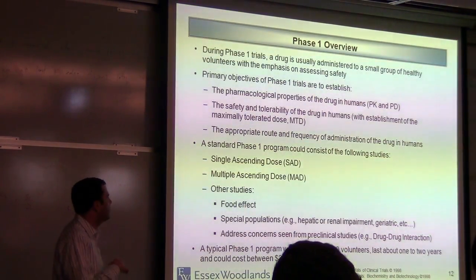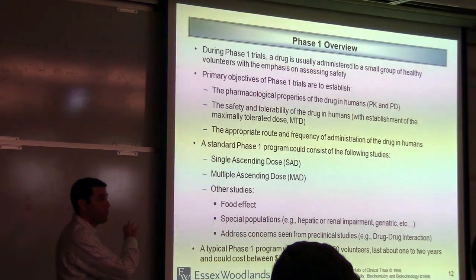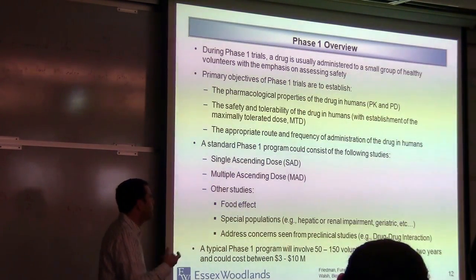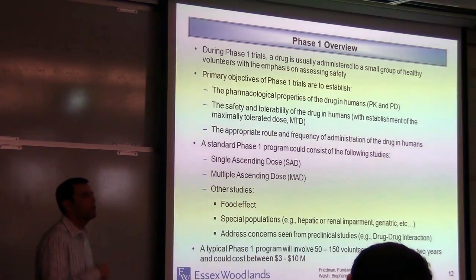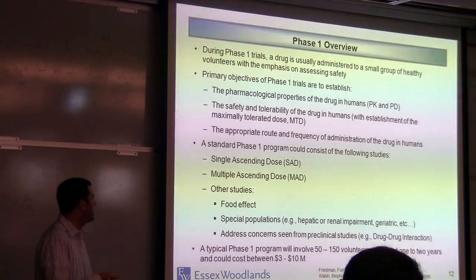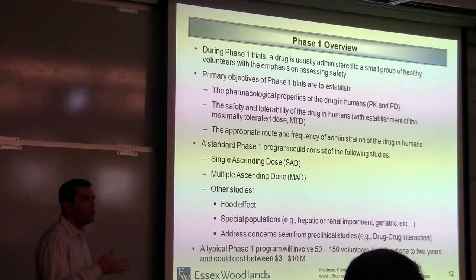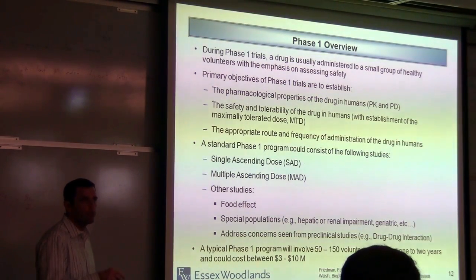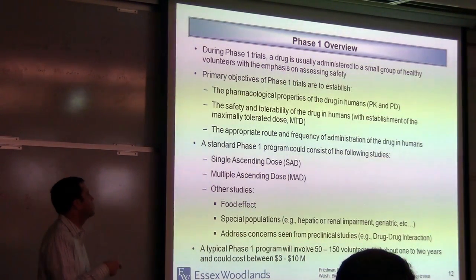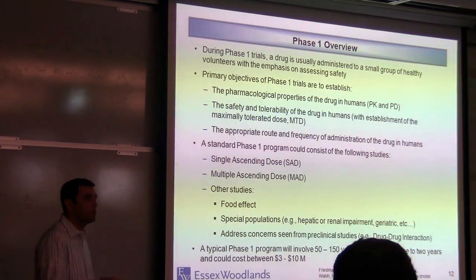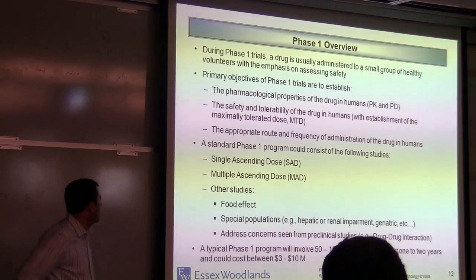Usually just a single dose as well, but to the extent these patients are healthier within these categories, you may look at hepatic or renal impairment patients, geriatric, things of that nature. Or if there's something you saw in your preclinical package that you need to explore further in terms of safety, like, for instance, drug-drug interaction, you may have some studies to look at that as well.